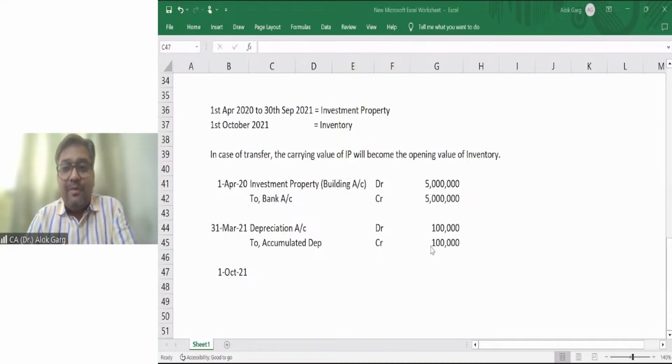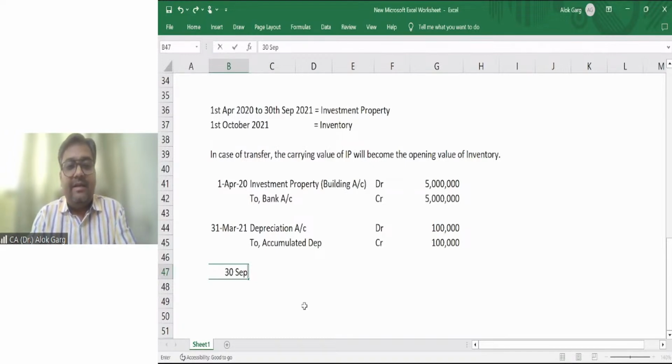On 1st October, when it becomes inventory, you need to compute the carrying value of the investment property. How to compute the carrying value? You have to deduct depreciation. So you need to charge 6 months' depreciation as well. So I'll write here 30th September 2021, right?